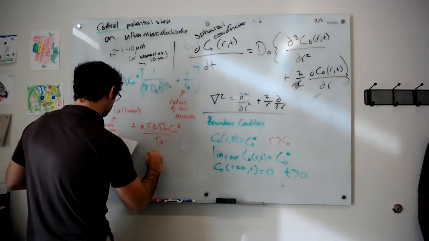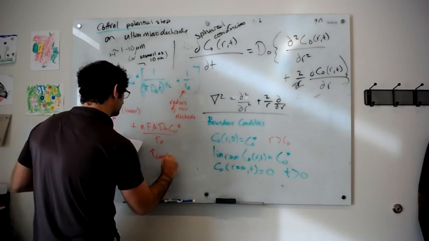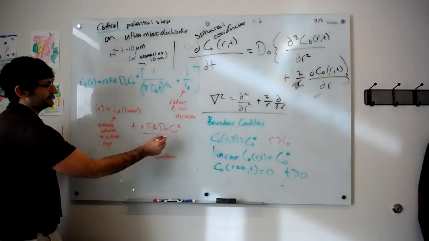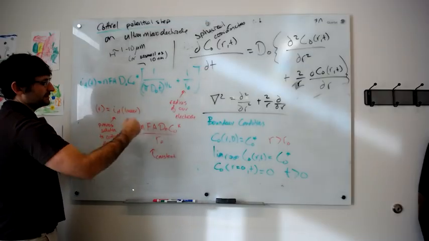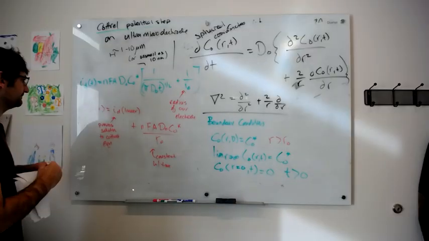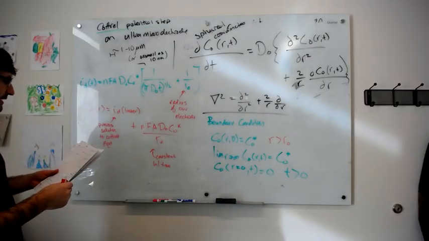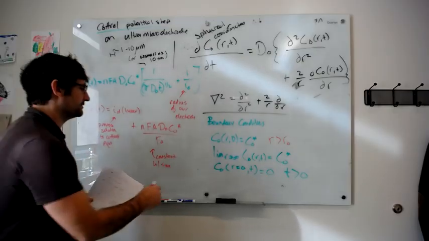And this is a constant, right? r naught, C_O, D_O, these are all constants. They don't depend on time. So this is kind of nice. So what happens here as t goes to infinity?